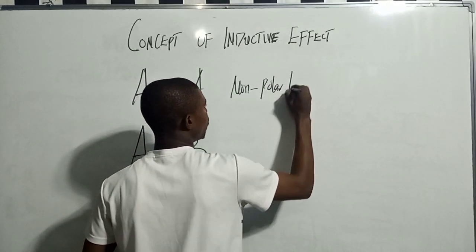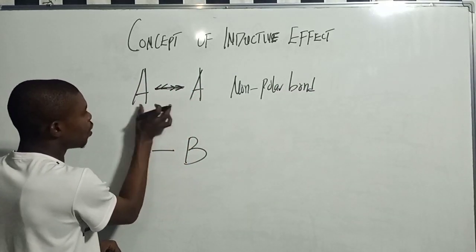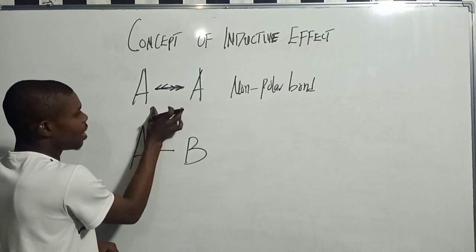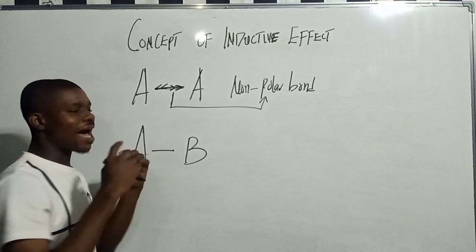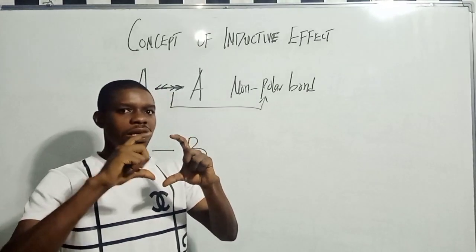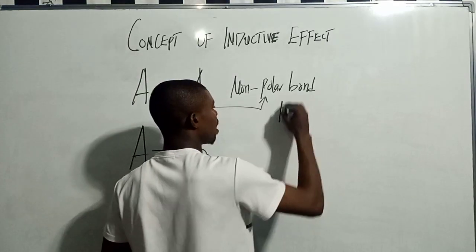Non-polar bond. The bond that is between atoms of the same electronegative power is called a non-polar bond. And the compound that carries atoms with the same electronegative power is called a non-polar compound.